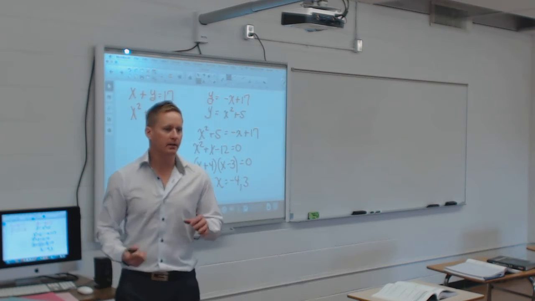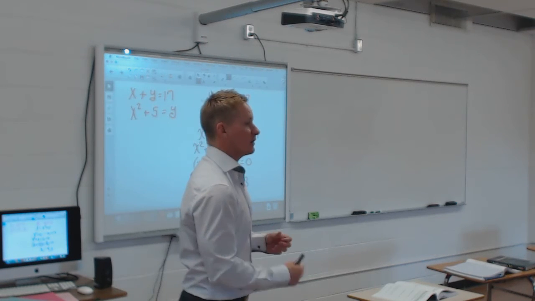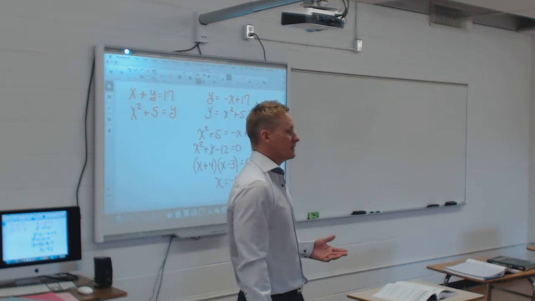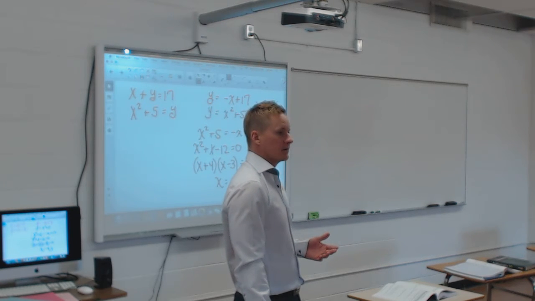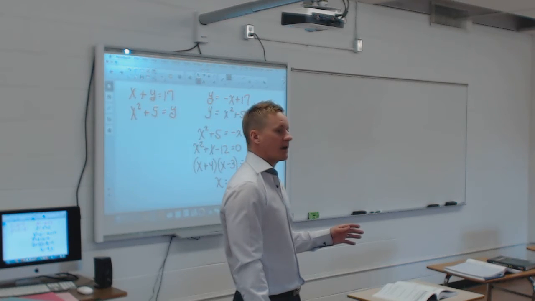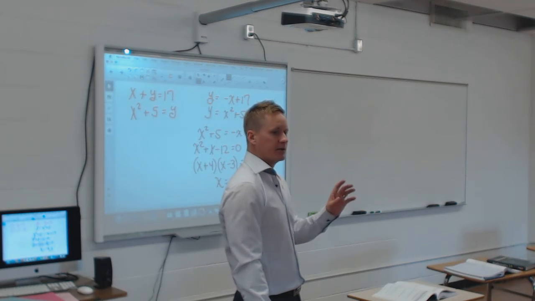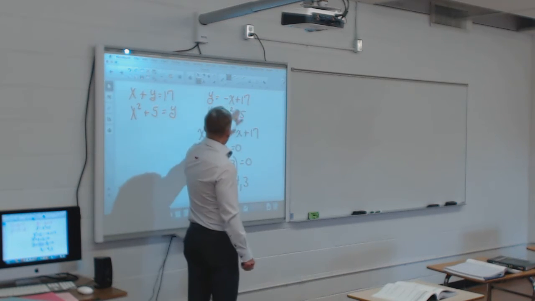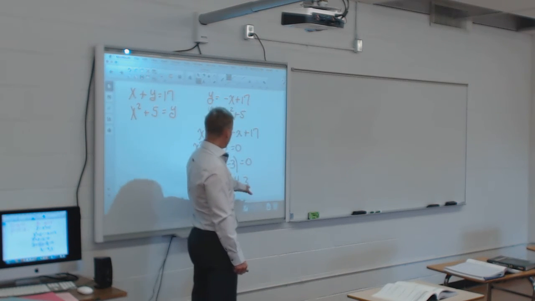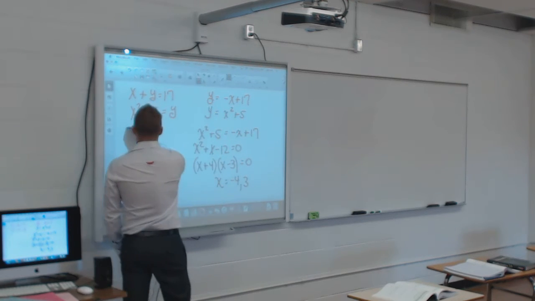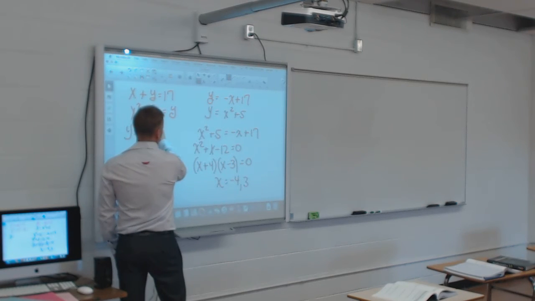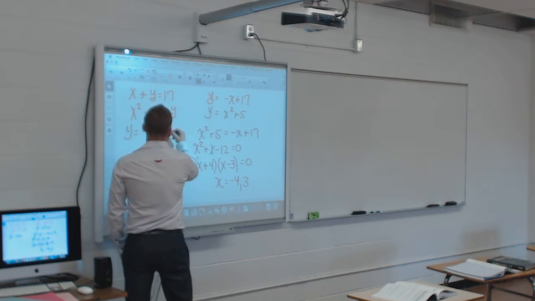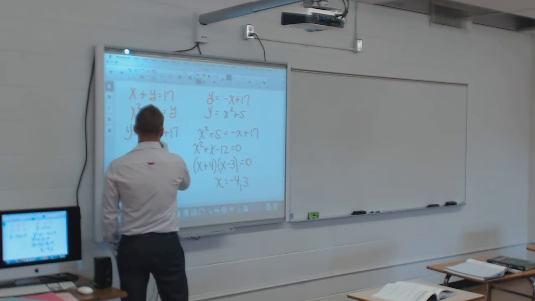Now, what we have been trained to do up to this point is just find x's, because those are x-intercepts of graphs. But realistically, we need the y value now because we're talking about intersection points between two graphs. So I need to substitute this into one of the two equations and solve for the other. So the first one, I'll go y is equal to minus 4 add 17.